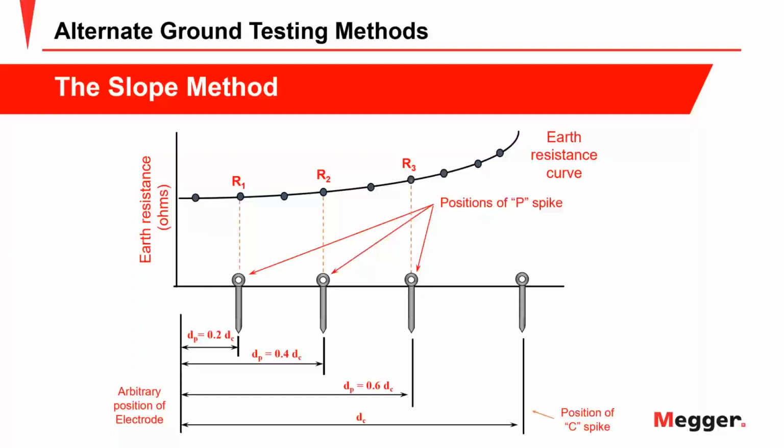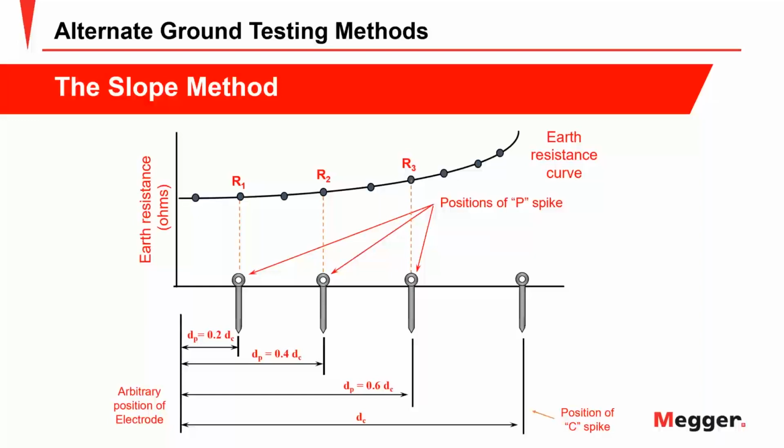You wouldn't even need to do slope. But what we're showing here is that if you take a series of measurements, then it's a good idea. In the interest of time, you don't have to do that. You can work with the three critical measurements, which are 20, 40, and 60% of the distance to the current probe. Those are the critical ones that you're going to use.